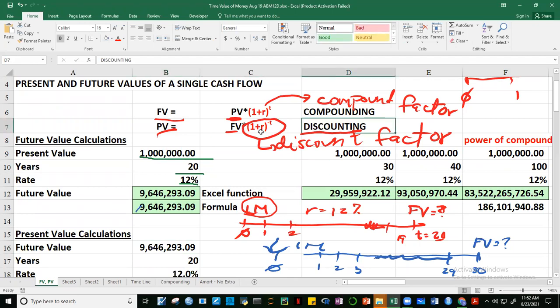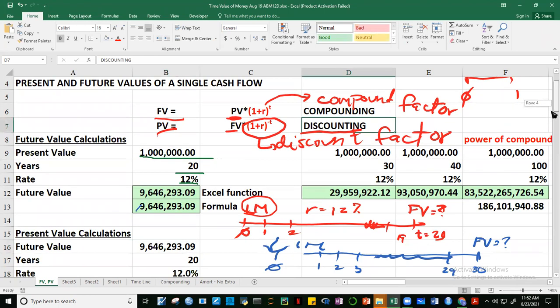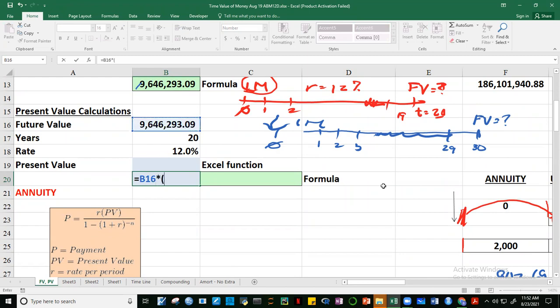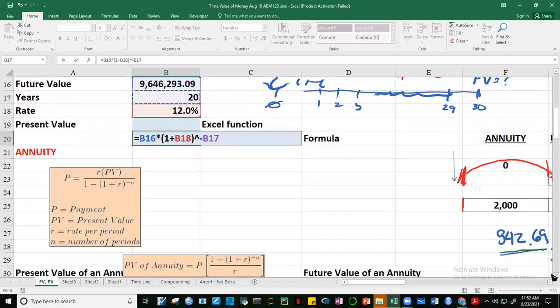Okay? Given sa atin yung future, ang hinahanap yung value ngayon, that's what we call discounting. And then the formula for that is whatever the future value is times your discount rate. So let's compute using the formula. This is equal to FV times 1 plus the rate, okay, and then raised to the negative t. So that's the formula for discounting.